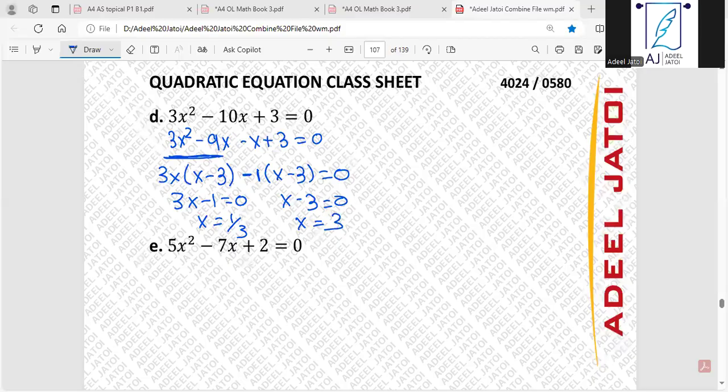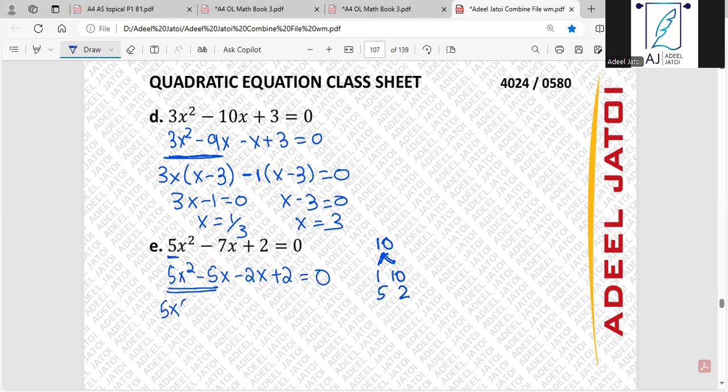Part E. Can we see 5? 5 into 2 becomes what? 10. So factors of 10 are 1 and 10, 5 and 2. So 5x squared minus 5x minus 2x plus 2 equal to 0. Common between these two is 5x, x minus 1.